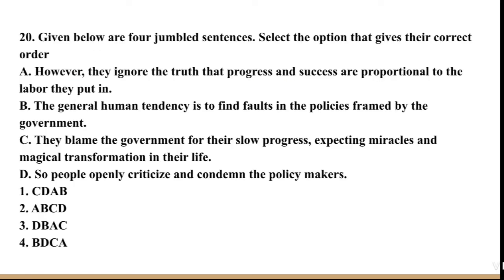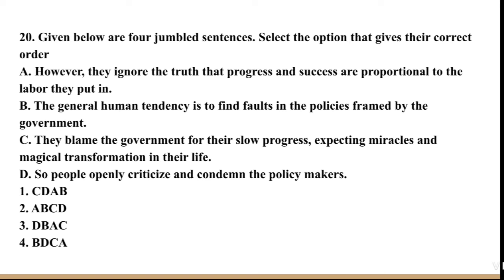Question number 20. Given below are four jumbled sentences. Once again, jumbled sentences. You need to order the sentences. Once again, I would say the trick is to find out the first line and the last line, the opening line and closing line. Look at A, B, C, D. What would be the opening line according to you?